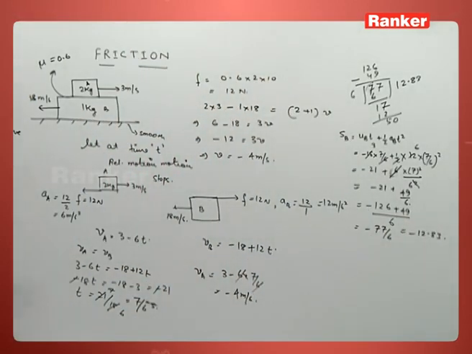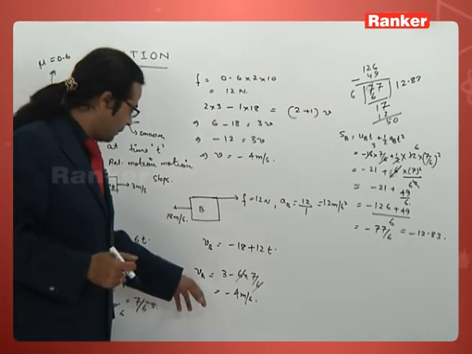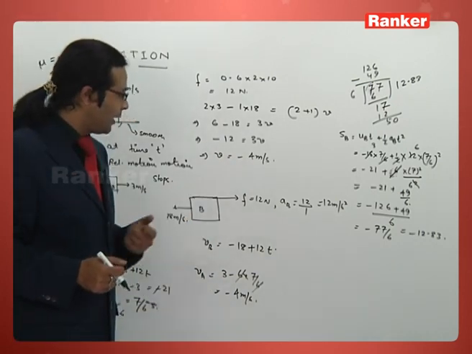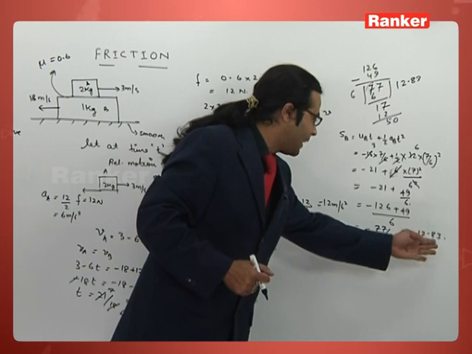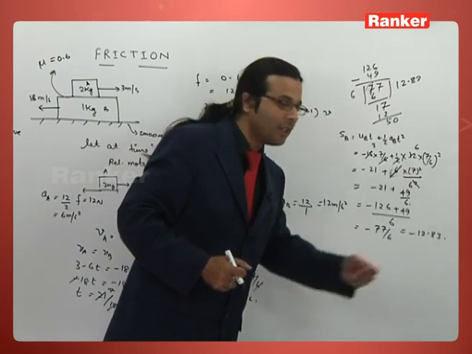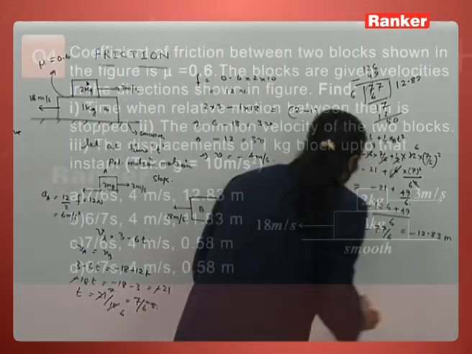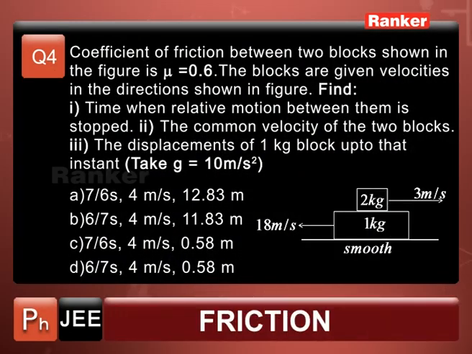So we got time as 7/6 seconds, velocity we got as 4 meter per second, and displacement of the 1 kg block we get as minus 12.83. Minus means it is moving in the negative direction, that means displacement is 12.83. Options are given as: option A, 7/6 seconds, 4 meter per second, 12.83 meter; option B, 6/7 seconds, 4 meter per second, 11.83 meter; option C, 7/6 seconds, 4 meter per second, 0.58 meter; option D, 6/7 seconds, 4 meter per second, 0.58 meter.